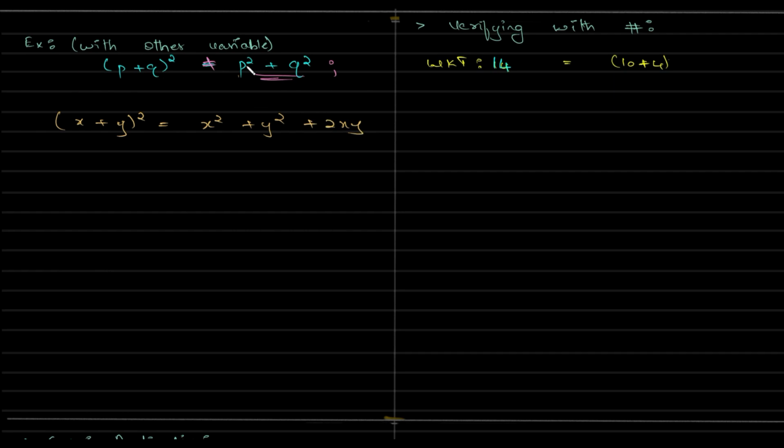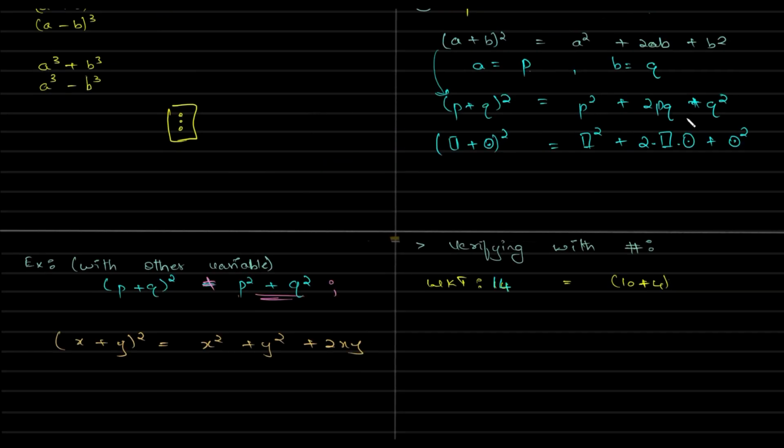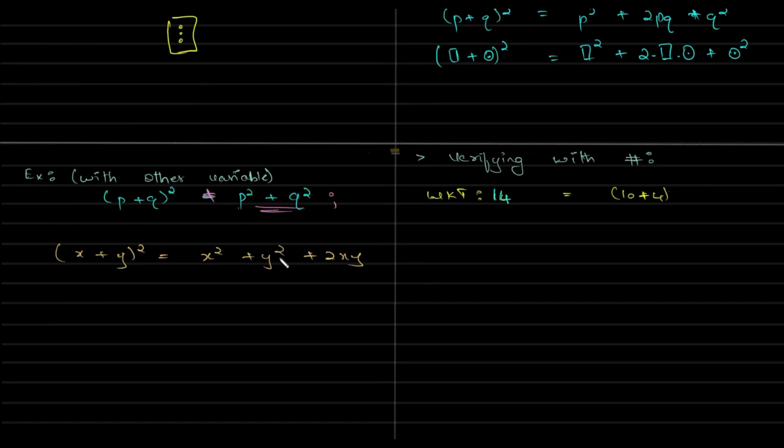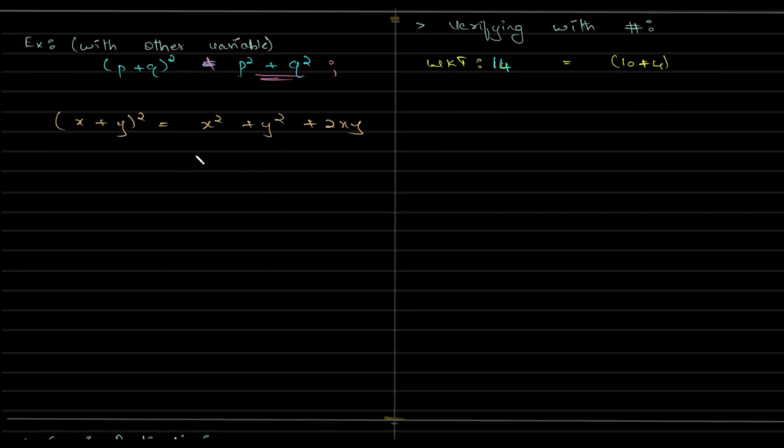That's the right formula, written as x square plus y square plus 2xy rather than x square plus 2xy plus y square. Both are the same. You don't need to worry about anything.